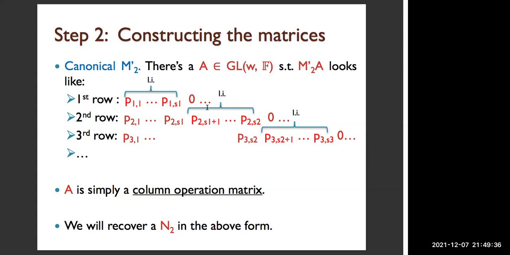You can do this without actually touching these P's, because of the zeros here on top. So there is non-uniqueness of the P's here, and the P's even at the bottom there's non-uniqueness. But we'll remember these two things, and this will help us recover N2.